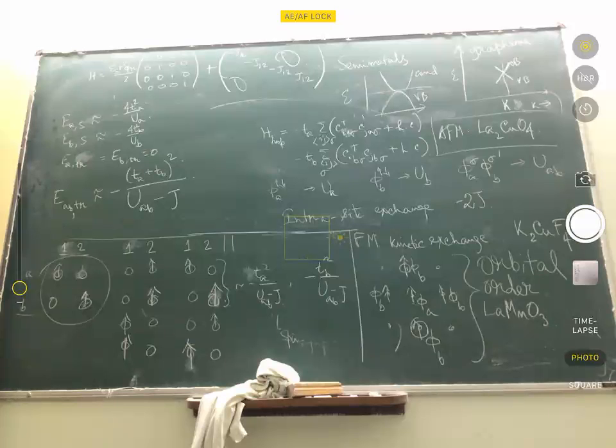But leaving aside the superconductivity part, the parent material itself was quite interesting because band theory would tell you that it should be a metal. It turns out to be an antiferromagnetic insulator.